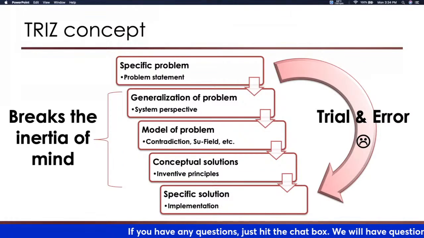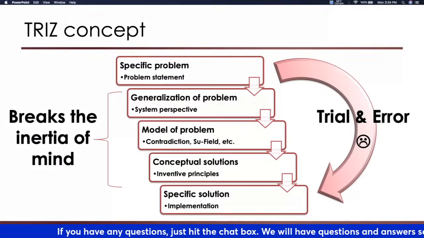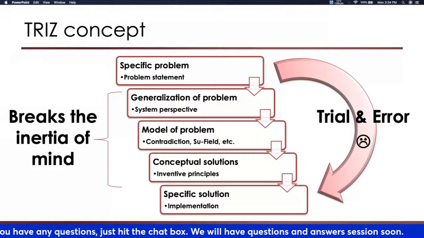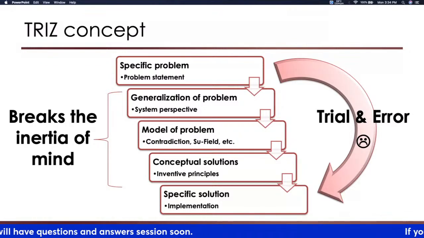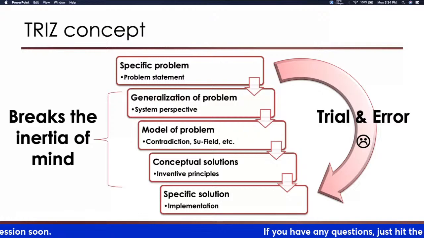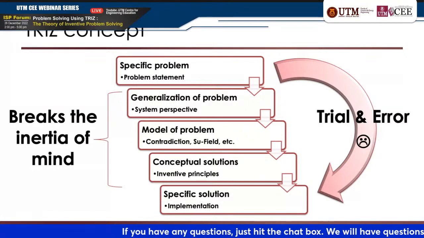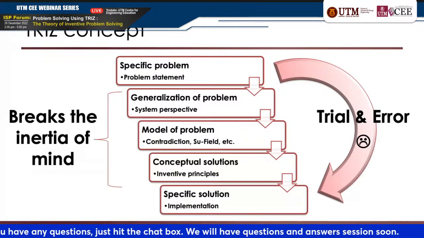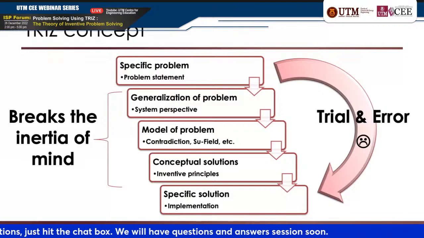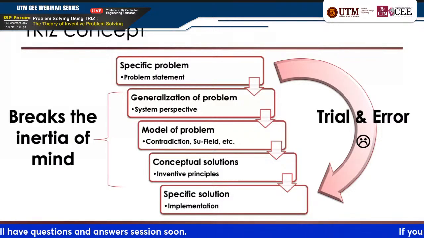Trial and error is not a very good tool for you to solve a problem. You directly jump to the solution without proper analysis and understanding of the real issue. So this is the thing that we need to be aware of.